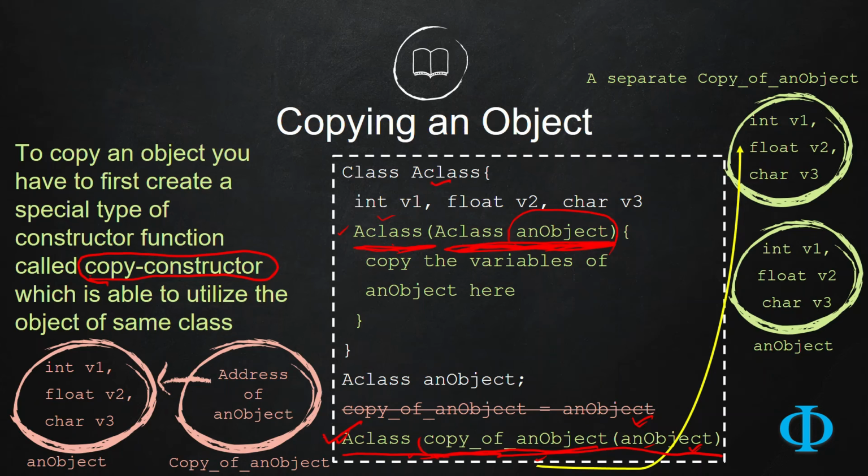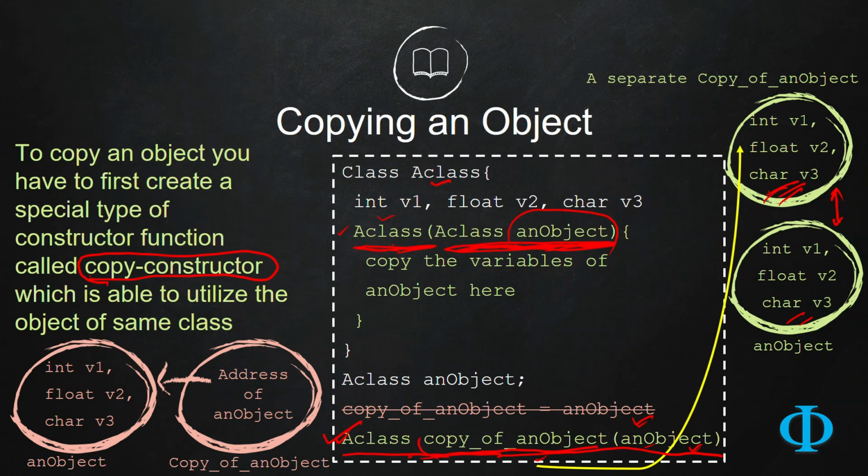And if you do that, then you will get the desired result that you can see in the right hand side of the slide. You have made a separate copy of the original object. This is the original object and this is a separate copy of the object. So that is the concept of the copy constructor.